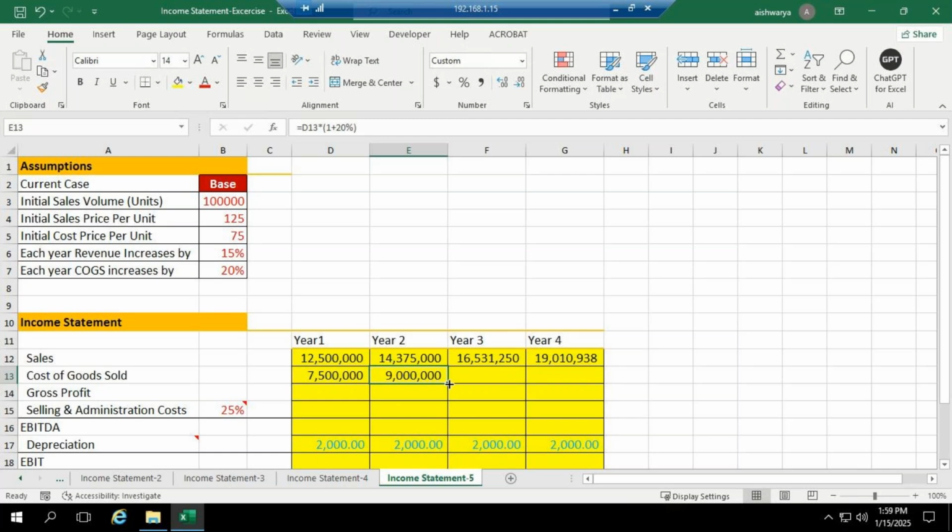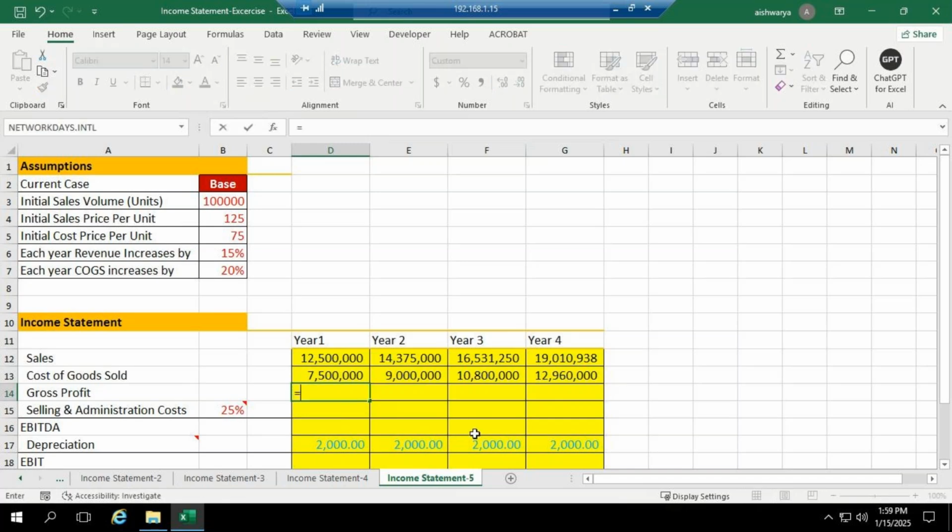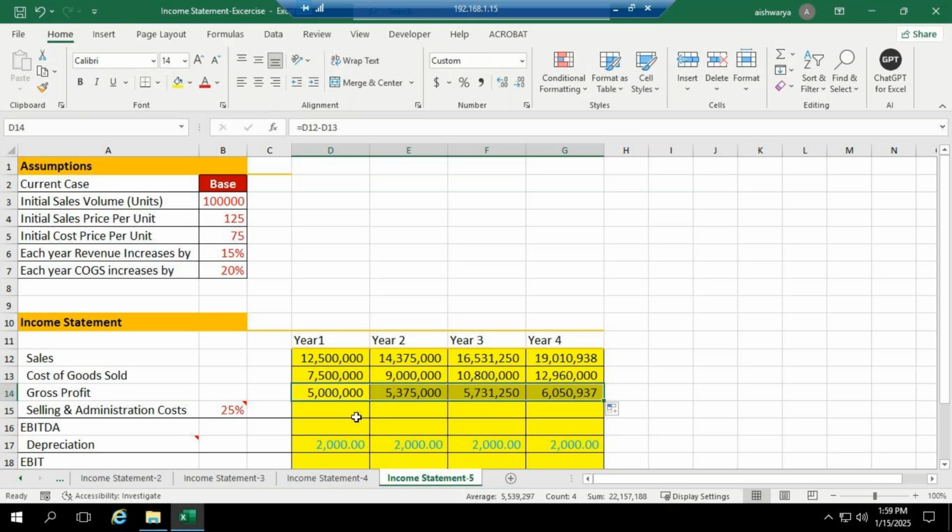Again you just drag it over here, automatically you will be getting the answers. Now here the gross profit is equal to the sales minus cost of goods sold, and then press enter. See now, you'll be getting 50 lakhs. Then again you drag it over here, automatically you'll be getting the answer.